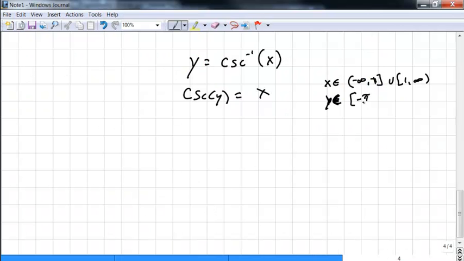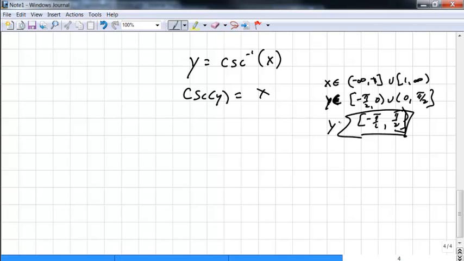So negative pi over 2 to 0, union 0 to pi over 2. Or basically we could just say from negative pi over 2 to pi over 2, it's undefined at 0 there in the middle. But y's are definitely in there, but not 0. Could write it that way too.